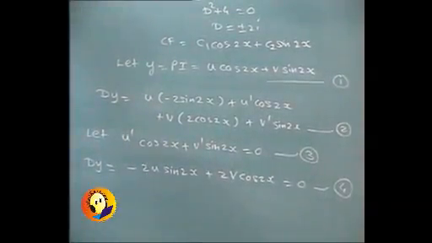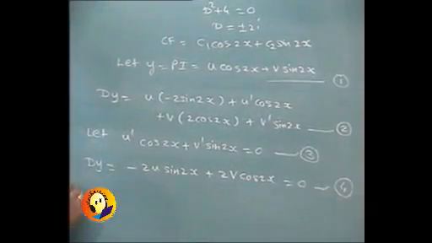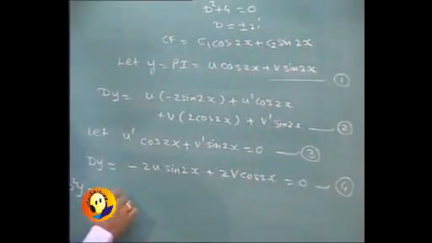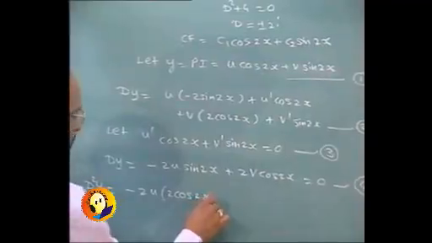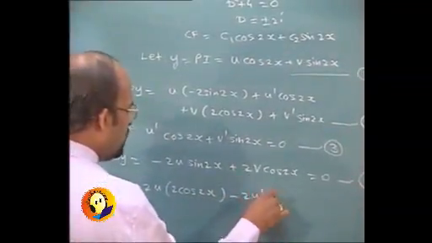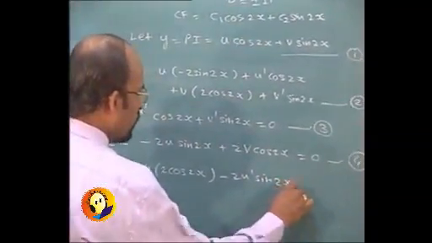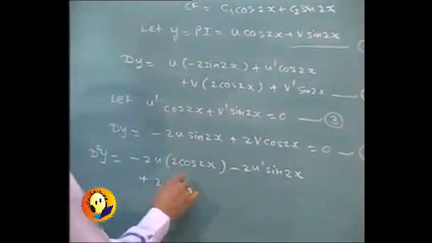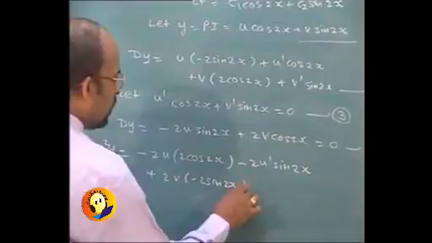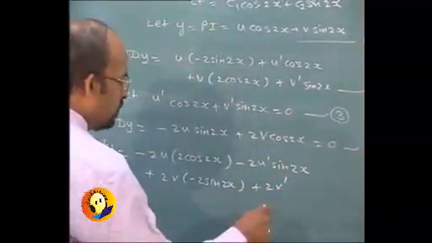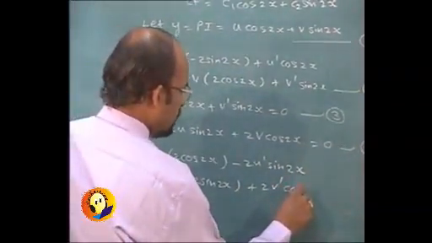Which is to be differentiated further to find out d square y. So it will be minus 2u into 2 cos 2x minus 2u dash sin 2x plus 2v into minus 2 sin 2x plus 2v dash cos 2x.